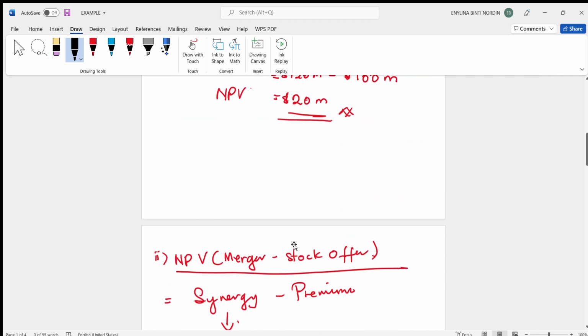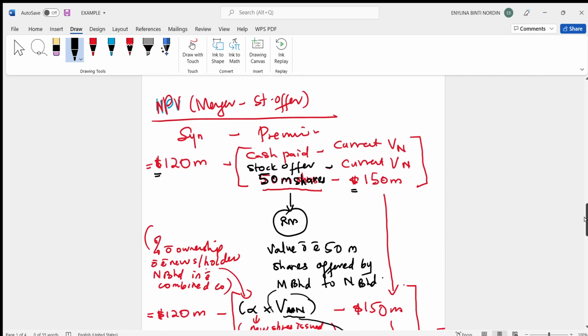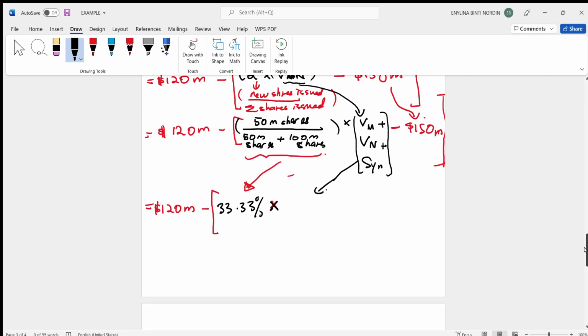Okay, so let's go to the calculation. Value of M is 600 million ringgit, plus value of N is 150 million ringgit, plus synergy is given, 120 million ringgit. Alright, so this is the alpha multiplied by the value of the combined firm.